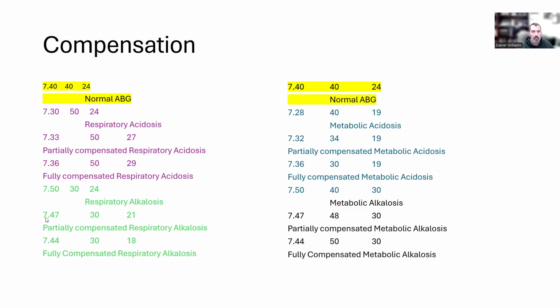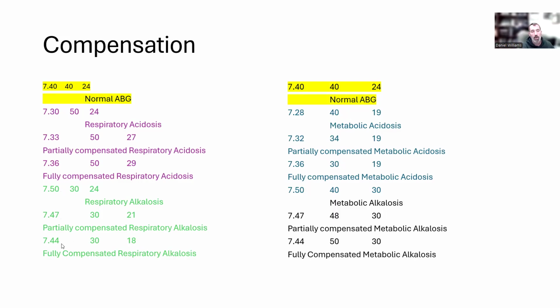Next blood gas down, 7.47. CO2 is still 30, still the respiratory alkalosis, but there's partial compensation now because that bicarb has moved the direction it needed to in order to start bringing that pH down. So this is a partially compensated respiratory alkalosis. 7.44, CO2 at 30 and 18.